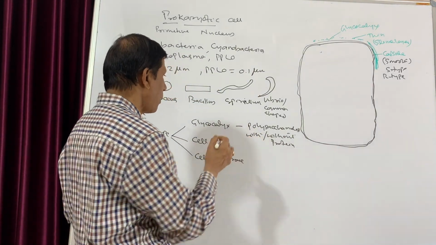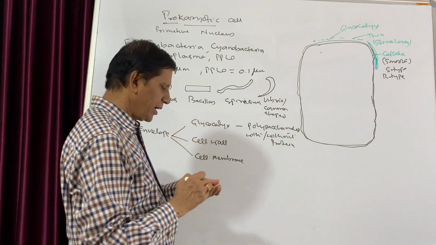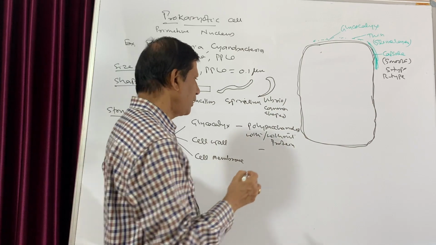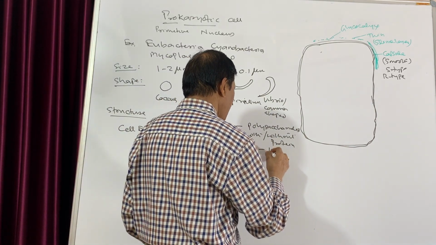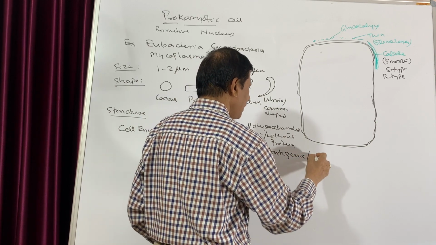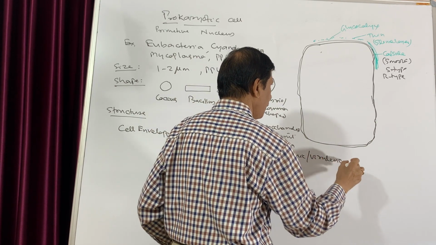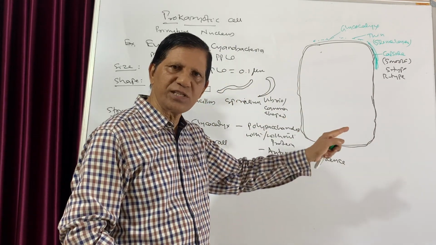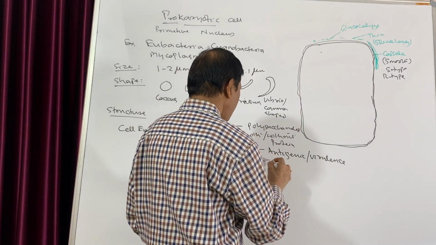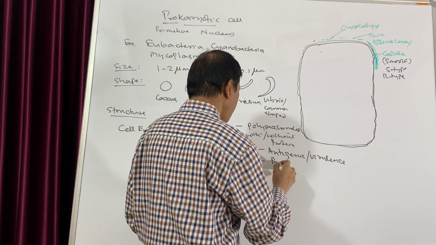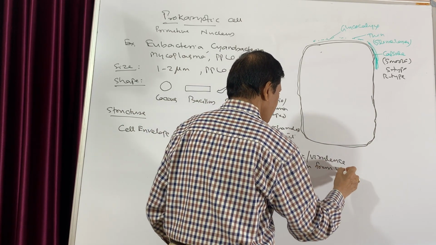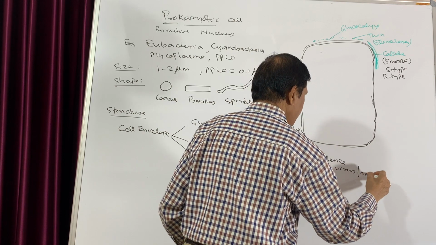Now, what is the function of this glycocalyx? One of the important functions is that it acts as antigenic or virulence factor. That means only if it is smooth type, only if its capsule is there, then it can infect others. So that is one of the problems. Then it prevents attack from viruses as well as from macrophages.